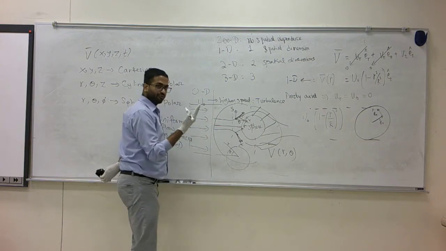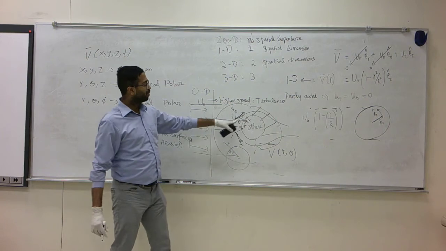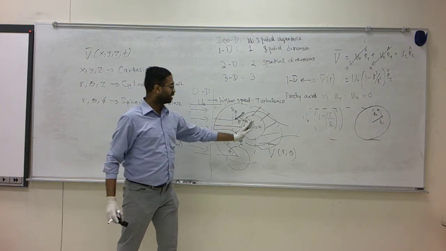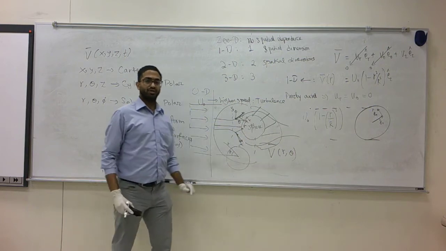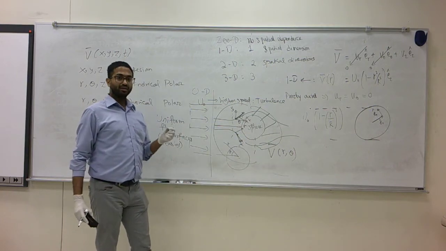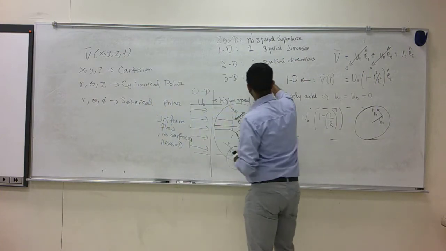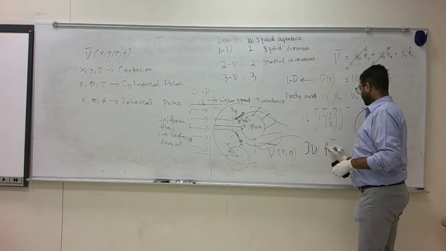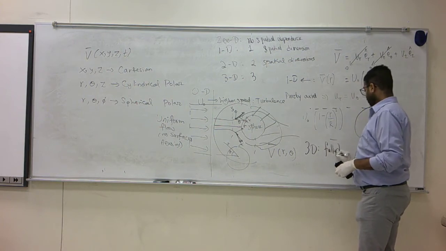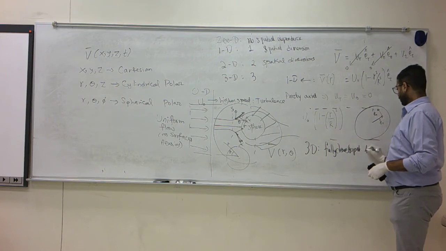So you will have both x and y dependence or r and theta dependence, but also a dependence that is in front of the sphere or upstream of the sphere and downstream of the sphere. So you would typically need three variables to describe this flow, and a common example of three-dimensional flow is fully developed turbulent flow.